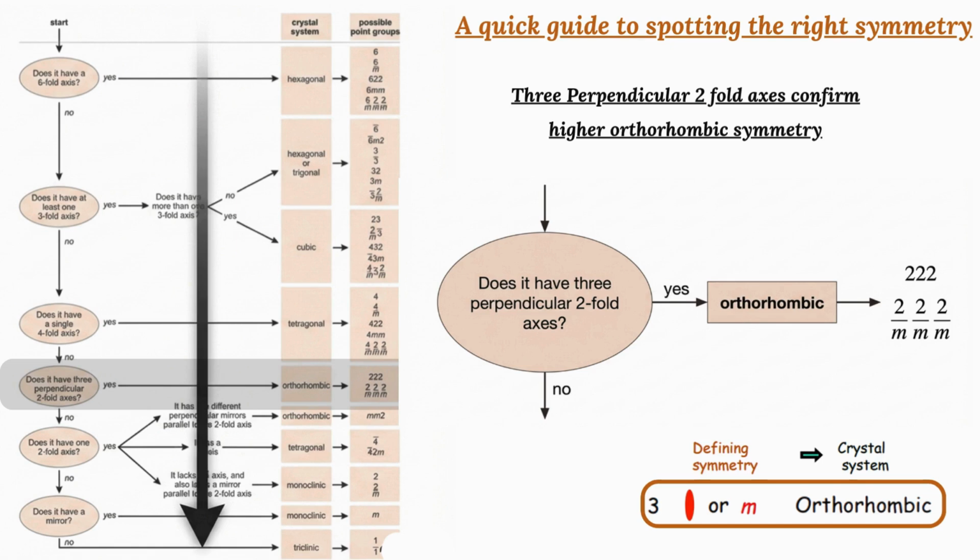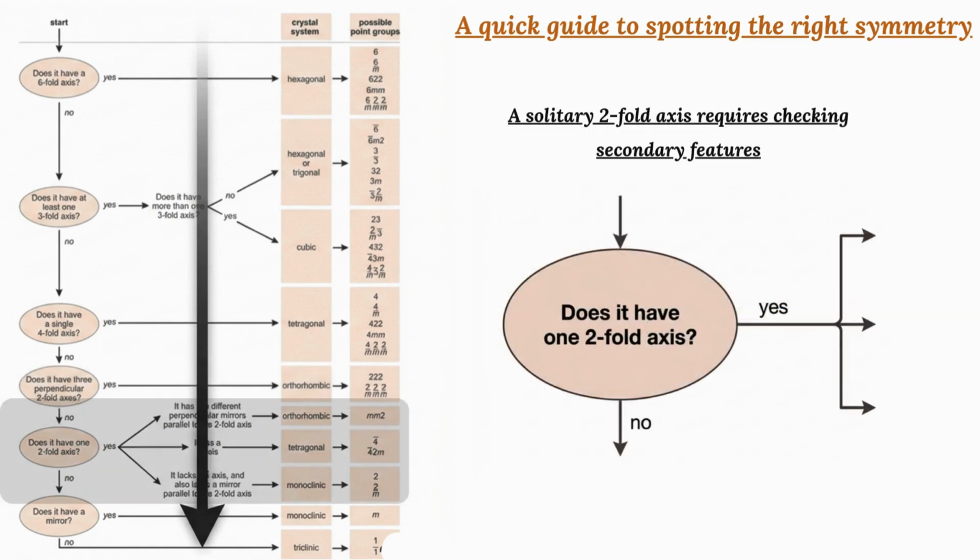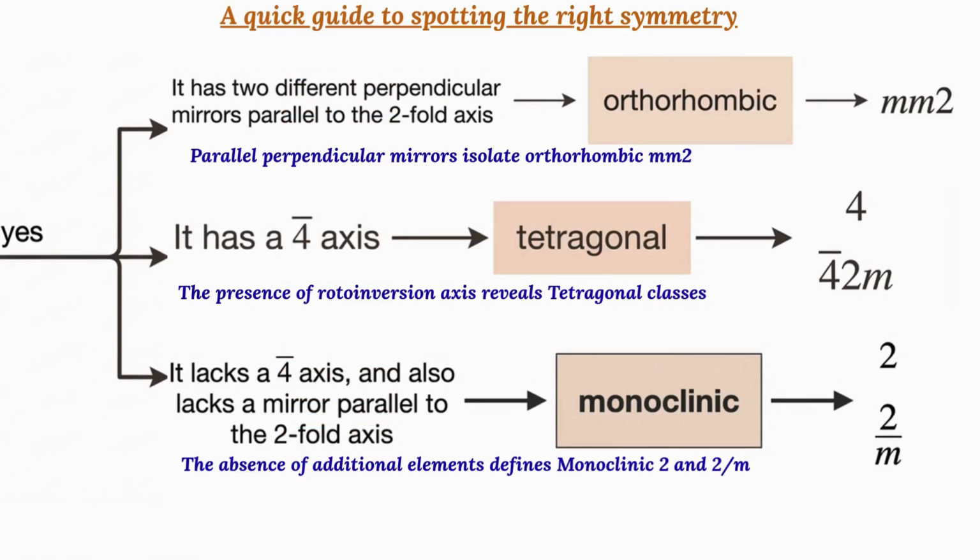If again there are no three perpendicular twofold axes, then there is another defining symmetry for orthorhombic, a mirror plane. You have to check that also. So does it have only one twofold axis? Because this distinguishes monoclinic, since monoclinic has only one twofold axis. So this helps to distinguish it from orthorhombic as well as from tetragonal.